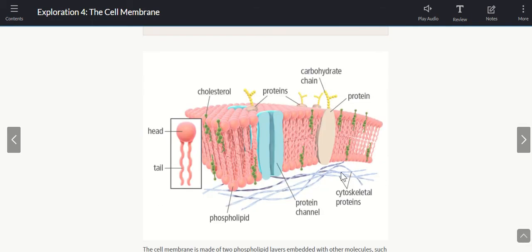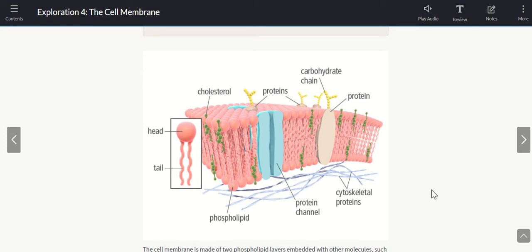So here's a picture of it. Here's that picture of the phospholipid where we have the head and the tail. And what happens here is that the tail portions orient together and the head portions are opposite of each other. What this does is it creates an invisible shield that prevents things from easily entering or exiting this space. It creates a little bit of a double barrier.